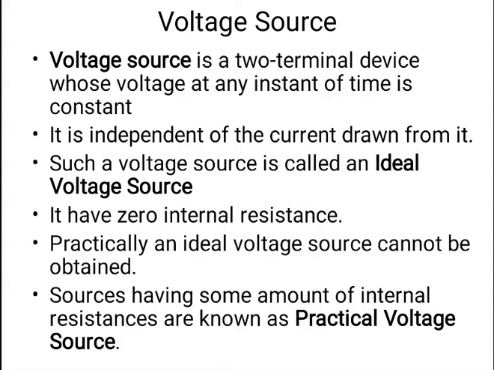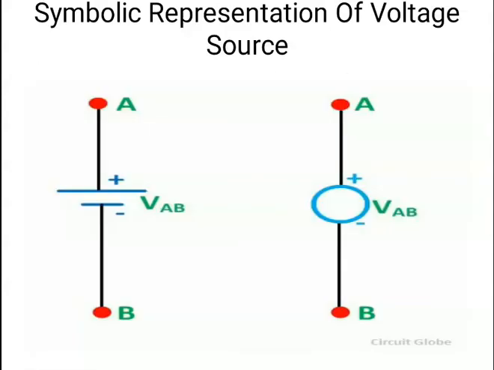I hope you understand what ideal voltage source and practical voltage source mean. Sources that have some amount of internal resistance are known as practical voltage sources. This is a simple symbol of the voltage source. You have seen this symbol in circuit diagrams.